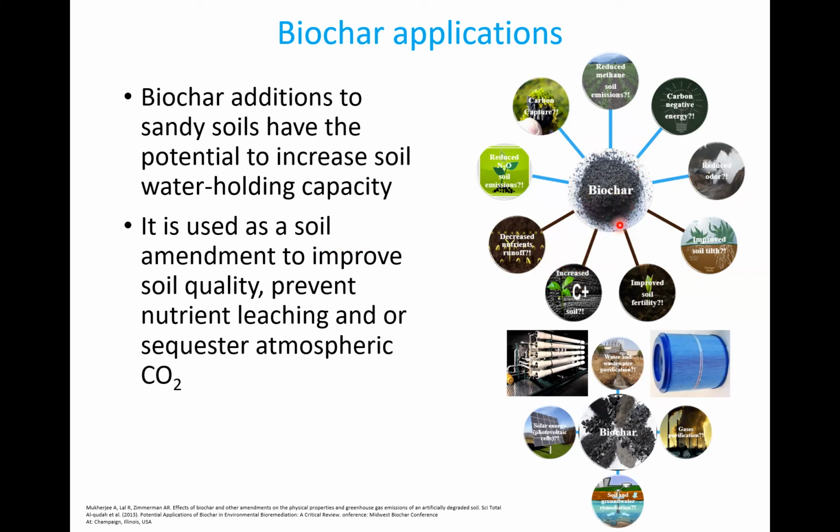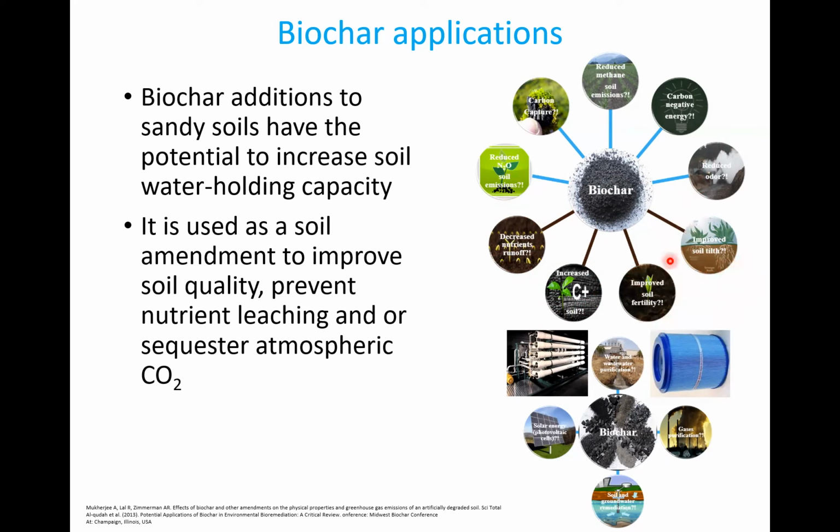It can reduce methane from soils, and as a soil amendment it can also reduce emissions of nitrous oxide from soils, increase nutrient holding capacity, and decrease nutrient runoff. It can also reduce odors if you have some odorous fertilizer. If you put biochar in, it can reduce the smell, and improve soil health.